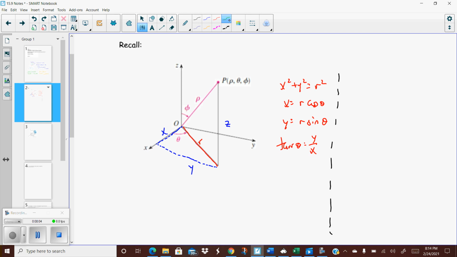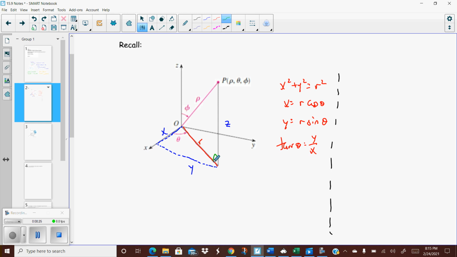So the biggest thing is to remember that this vertical line z is going to create a perpendicular with r, which means that what's already kind of in that pink there, your rho value, is really the hypotenuse of that right triangle.